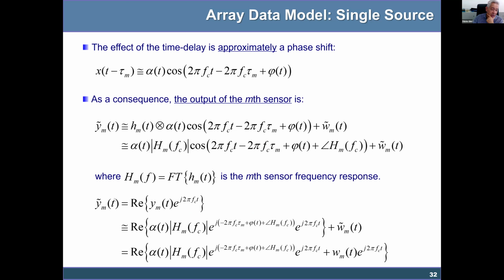The real signal can be expressed as the real part of the complex envelope multiplied by e to the j 2 pi Fc t, where Fc is the central frequency. If this is y tilde, the complex envelope is given by this expression here.